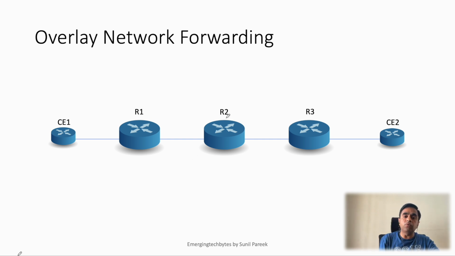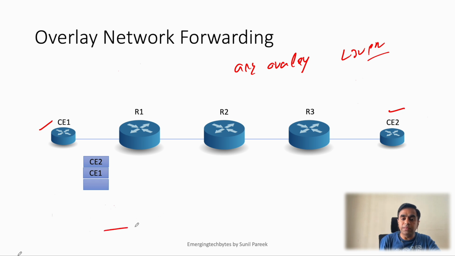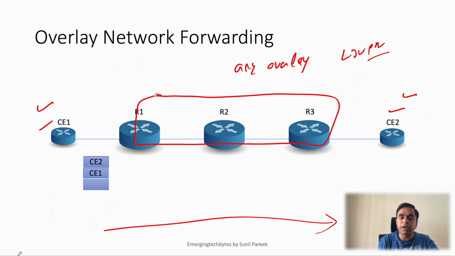In any overlay, I had shown you many examples, or even L3VPN, the fundamental thing I'm going to explain doesn't change. Let's say there is a packet which goes from CE1 to CE2 in this direction. This is the customer and this is my provider network.